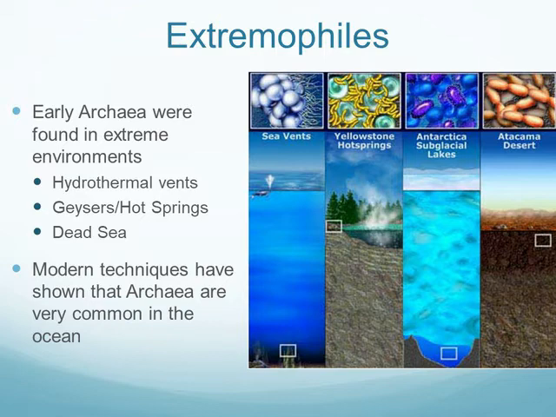And so the reason why these particular bacteria are thought to have played an important role within the early evolution of life is because in early Earth, before life even existed, it was a very extreme environment. You had a lot of carbon dioxide in the atmosphere. The oceans were very, very acidic.